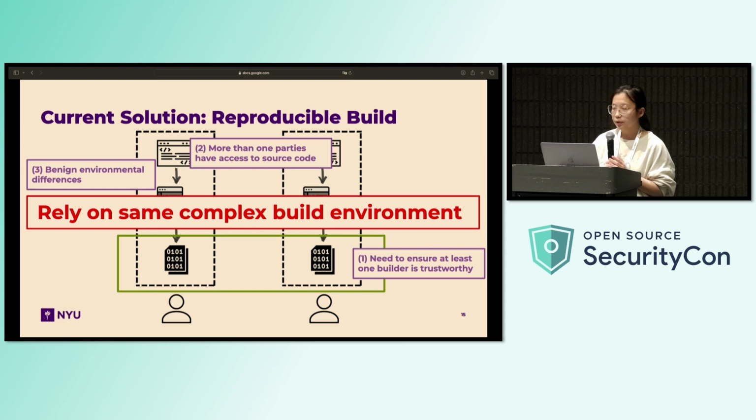And the most important issue of a reproducible build is that it still relies on the same complex build environment. So it doesn't actually solve the issues related to the build environment.